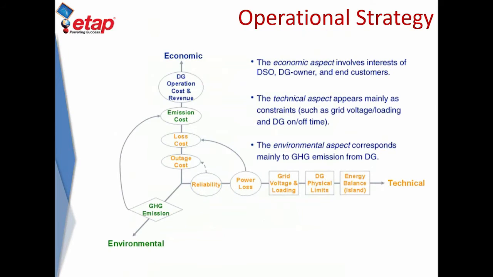So when we are looking at generation optimization, we look at it from a couple of different perspectives. We look at it from a technical perspective, economic, as well as environmental. There's one more perspective, which is operations and maintenance, that fits into perhaps an economic category.